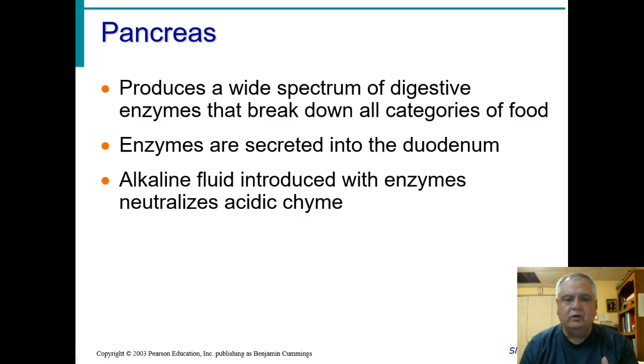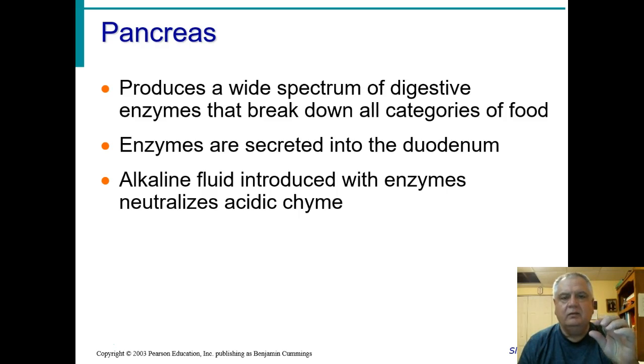partially digested food, because of all the hydrochloric acid being secreted into the stomach, is going to be very, very low in pH. Now, the stomach itself, because of the mucous neck cells, has a thick layer of mucus lining the lumen.